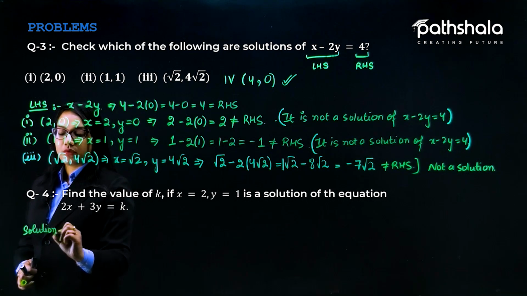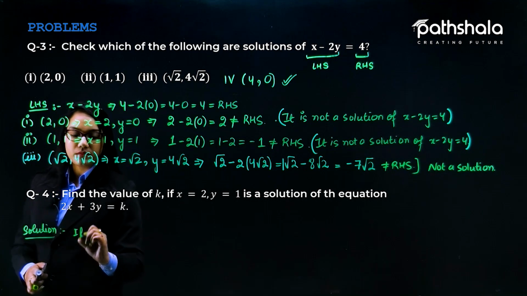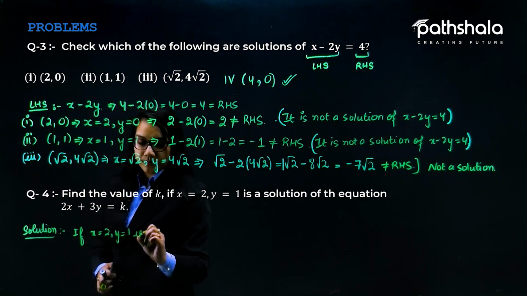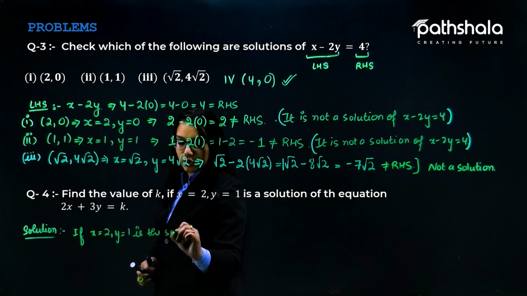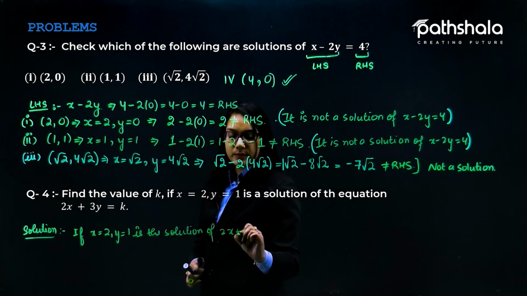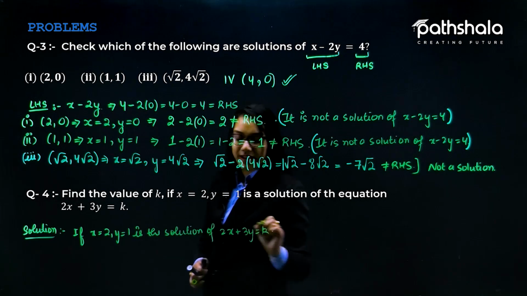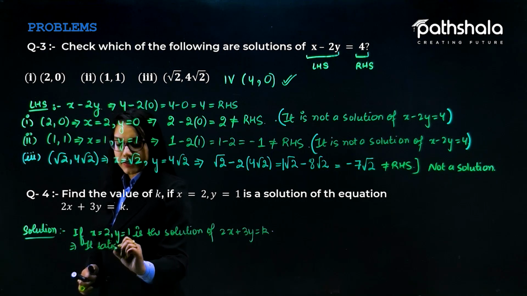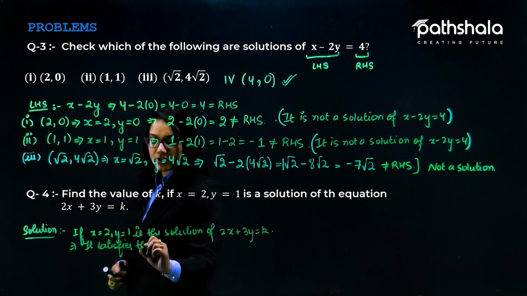First of all, we'll say if x is equal to 2, y is equal to 1 is a solution of 2x plus 3y is equal to k, it implies it satisfies the equation.